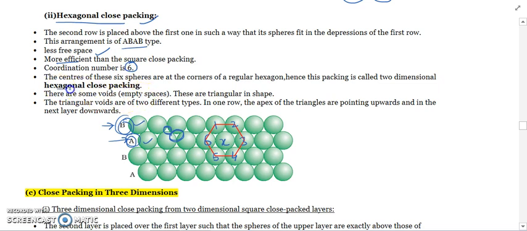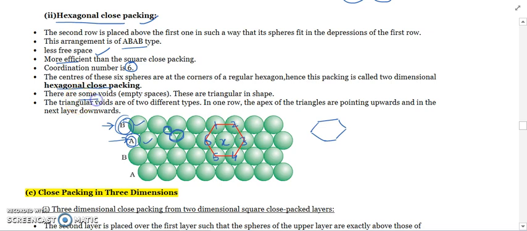Now, why is it called hexagonal close packing? Because when we join the centers of spheres of its nearest neighbors, what we get is a hexagon. Therefore, it is called hexagonal close packing.